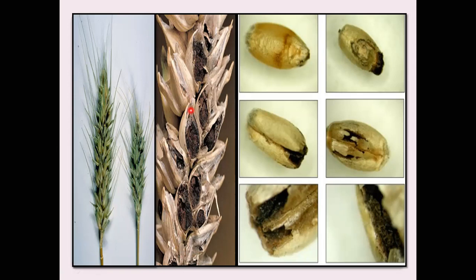In this disease, the totally airhead is converted into a smut powdery mass. But in the case of loose smut, partially or completely the airhead is converted into smut spores. But in kernel bunt, only a few grains are converted into smut spores, and these grains are partially or completely converted.